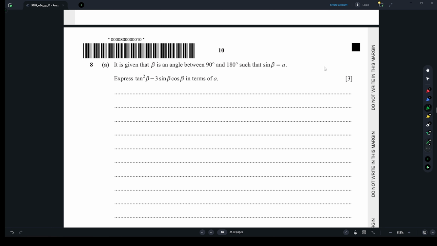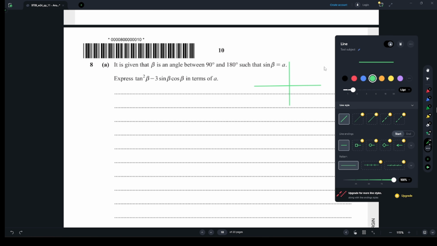As they are saying here, I'll show you. We have the Cartesian plane here, and as they're saying, the beta value is between 90 and 180. So it is an angle in the second quadrant.